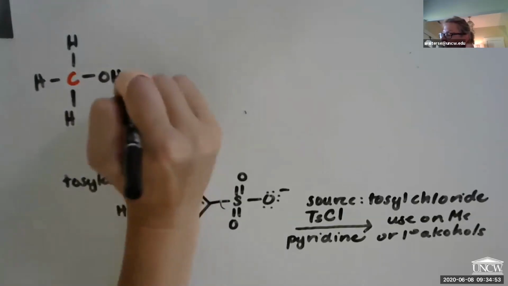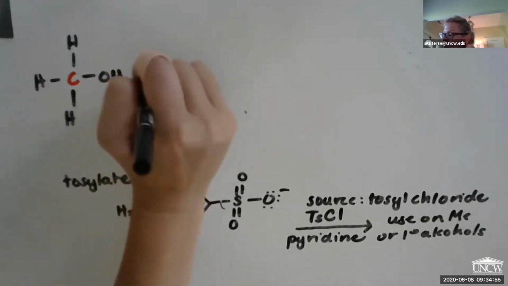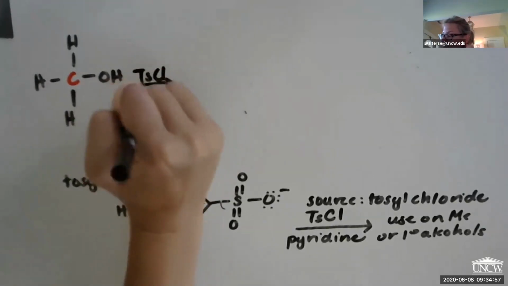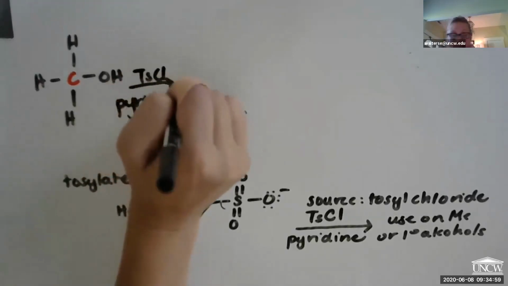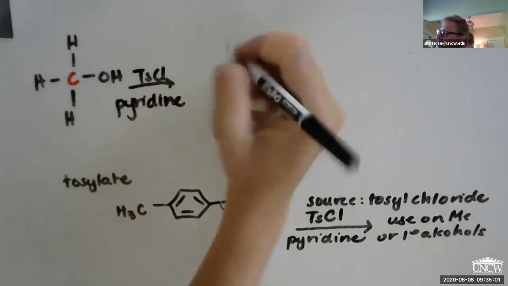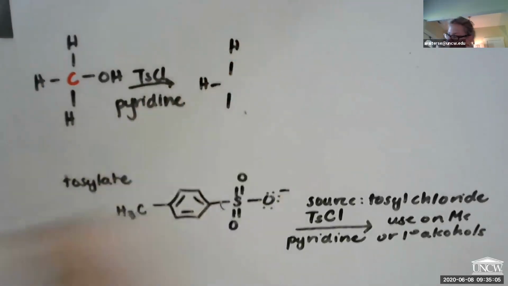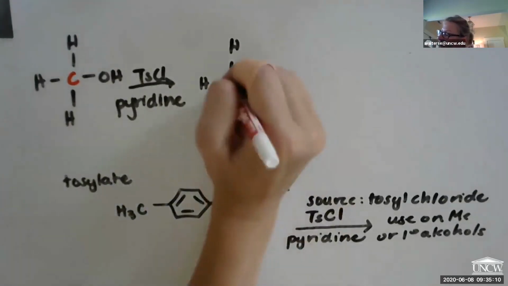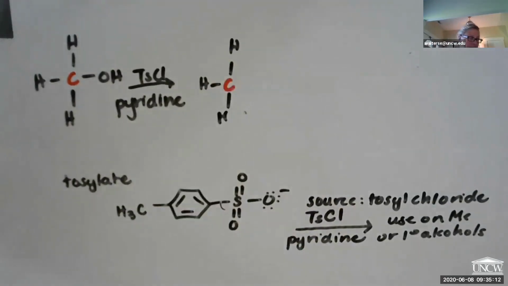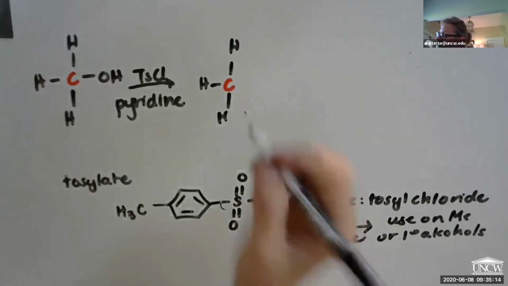Okay, so your reaction step 1 would be the tosyl chloride in pyridine. Okay. And then what you make would look like this.